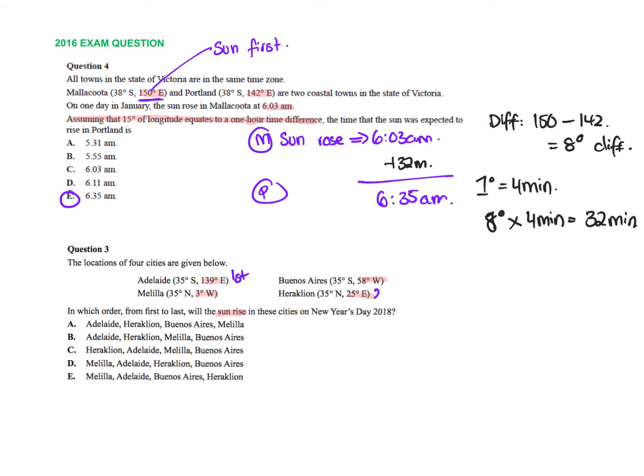I don't know how to say that, someone else might be able to say it better. So that's second. Now we've got 2 wests. Remember this is 0. If you've gone a little bit west, 3 degrees, that's not as far away from east as the 58 west. So this one becomes third and this one becomes fourth. You look for that combination in the answers and it's B.